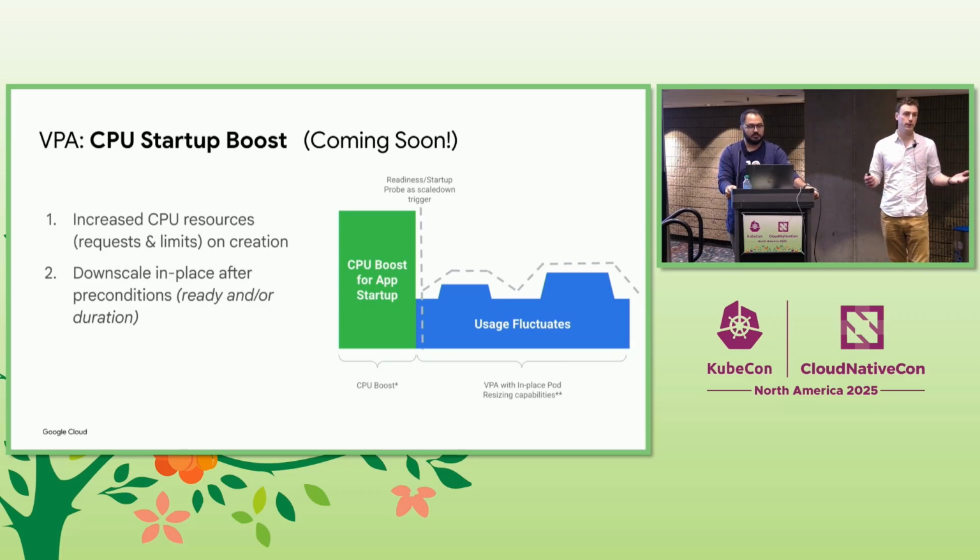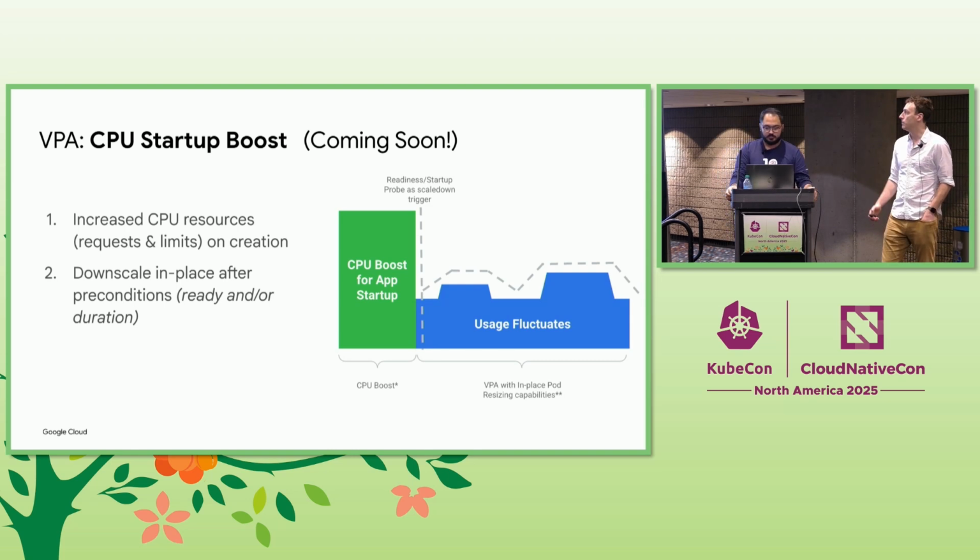If you have an application with an expensive initialization phase, then you can boost the CPU resources during that startup phase, and then after some preset conditions, drop it back down to the normal level. And then from there, VPA can continue to adjust the resources dynamically.